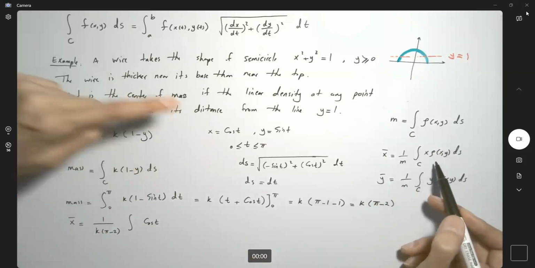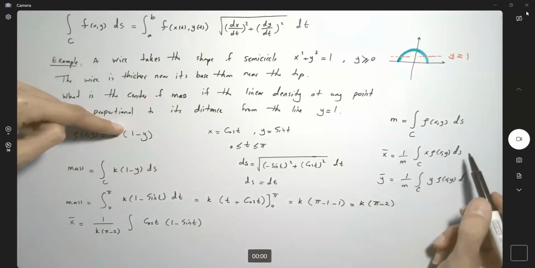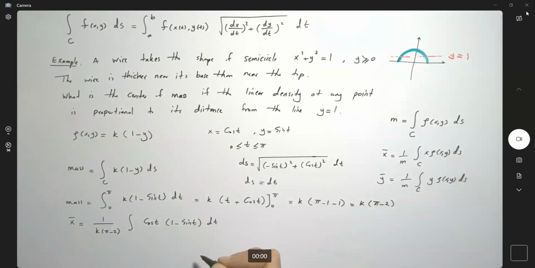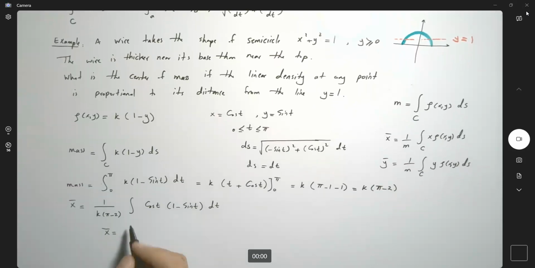Rho of x and y is 1 minus y, or 1 minus sine t, and we know that ds and dt are the same thing. Just going back to elementary calculus. Let's do the computation.